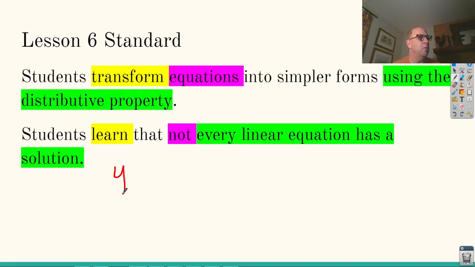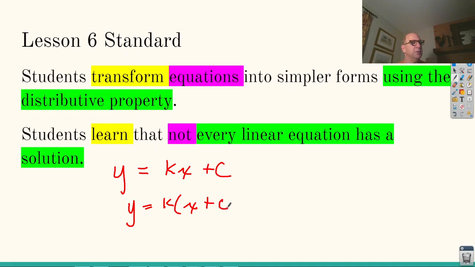we have y equals kx plus a constant, right? So we have the coefficient and the constant, and then we have a distributive property, which would be y equals k times x plus c.